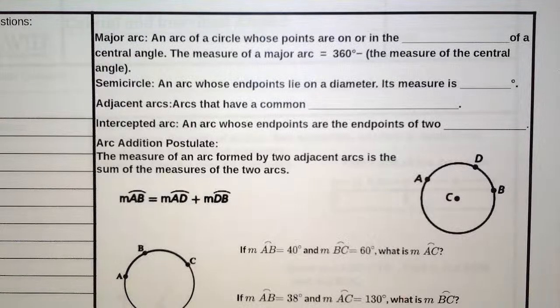From minor arcs, we go to a major arc. Now, the minor arcs, you're in between, on the interior of that central angle. So a major arc is an arc of a circle whose points are on or in the what? Interior was minor.